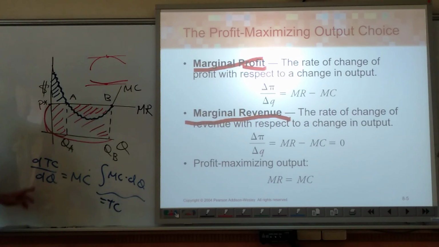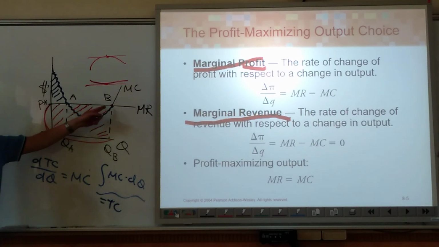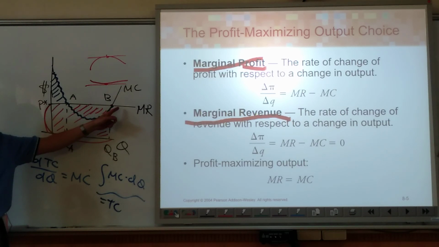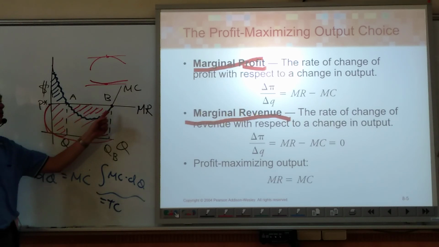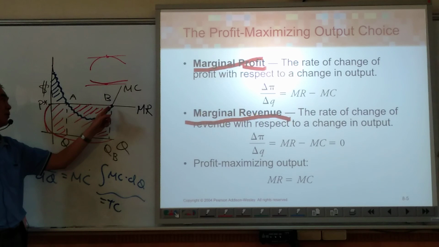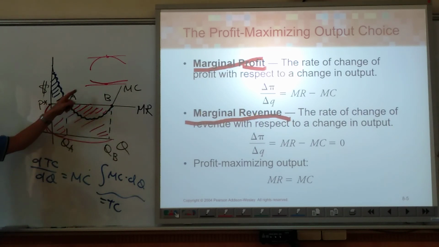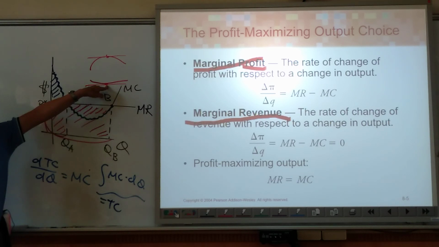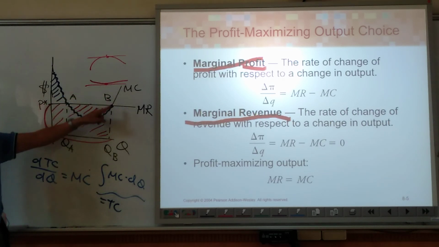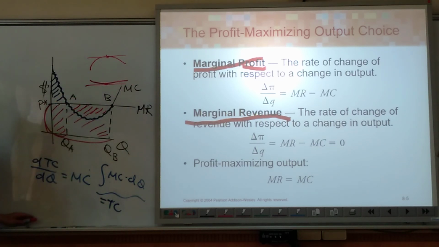You need the slope of the marginal revenue to be less than the slope of the marginal cost curve, okay? The marginal cost curve here is positive, and here the slope is 0, right? So it is B. Point A is actually at the minimum, so that's the maximum of your loss. And point B will be here. So you want to make sure that you get what you want.